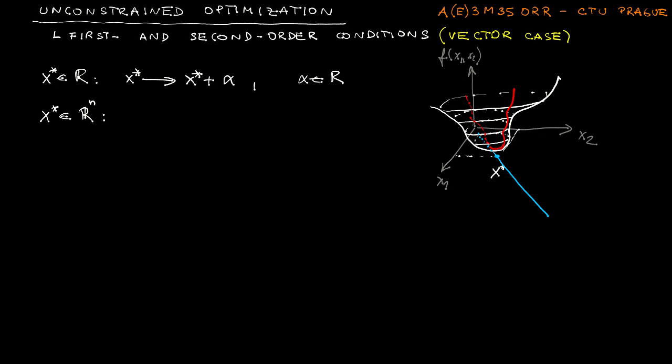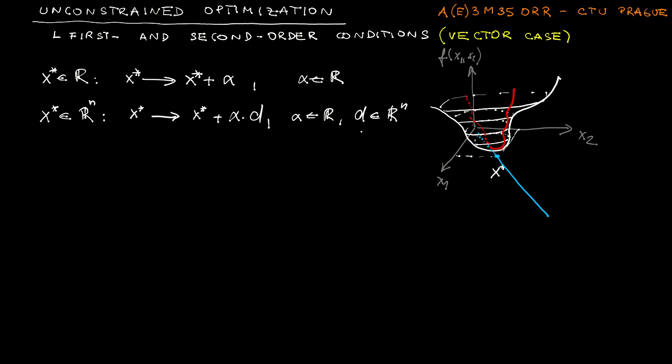Let me now put this formally. We perturb the critical point with alpha times d, where alpha is again a real number and d is a vector.